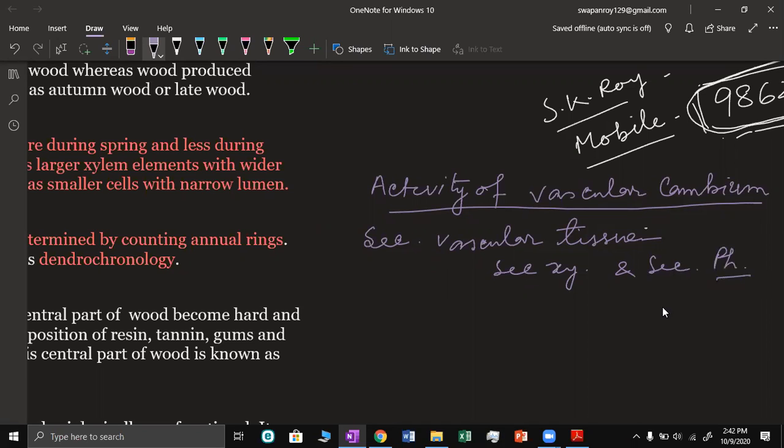This secondary phloem is produced on the outer side and the secondary xylem is produced on inner side.